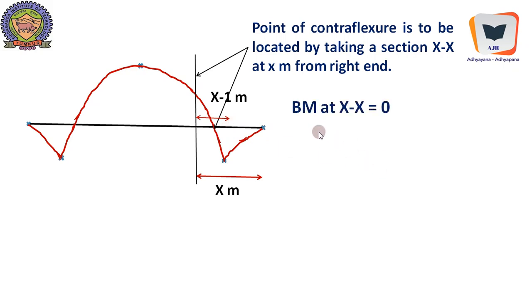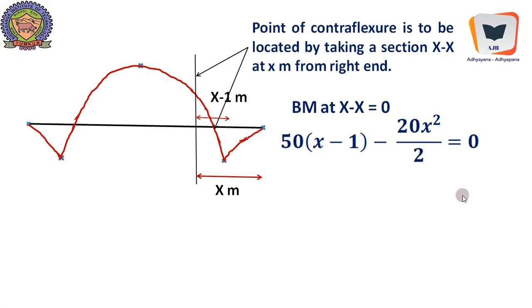Therefore we will compute the bending moment value at XX. So it becomes 50 into x minus 1, owing to reaction. 50 is over here going up, so 50 into x minus 1 is the moment, x minus 1 is the moment arm, minus 20 into x, it becomes equivalent concentrated load, into x by 2 will become the moment arm.